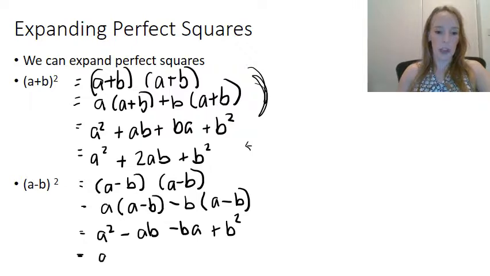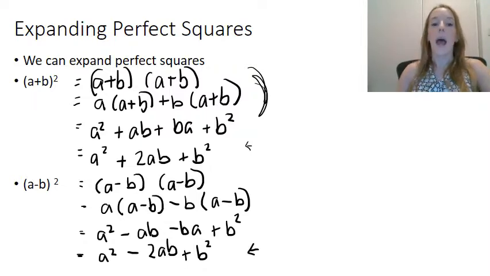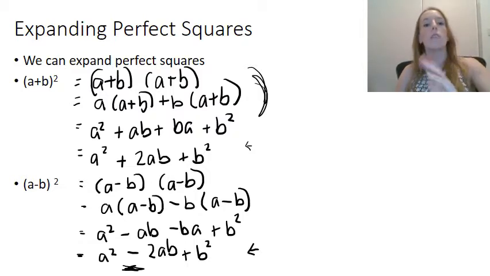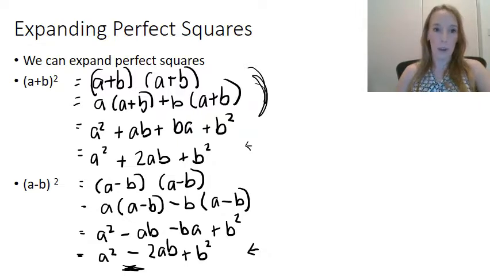So that'll leave us with a squared. Now ab take ba is the same as take 2ab plus b squared. So again, we've got that same kind of pattern. We've got a squared, take 2ab, plus b squared. So it's kind of the same as our first one, except this time because we're doing subtraction, we're subtracting the 2ab part. So just make sure you're getting familiar with this pattern, because we're going to use this when we expand our perfect squares.